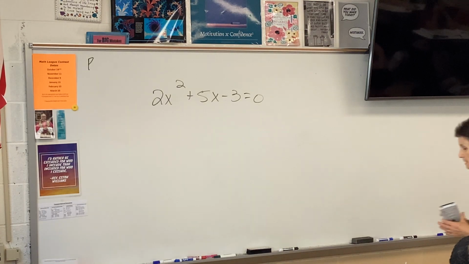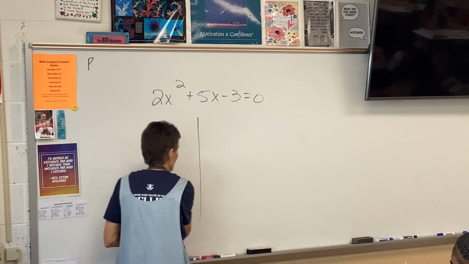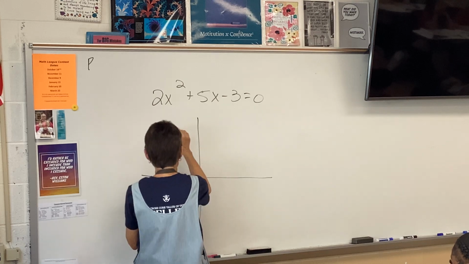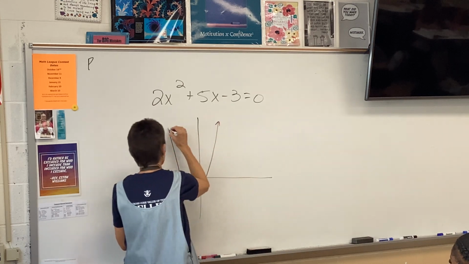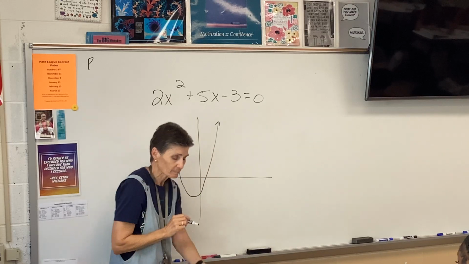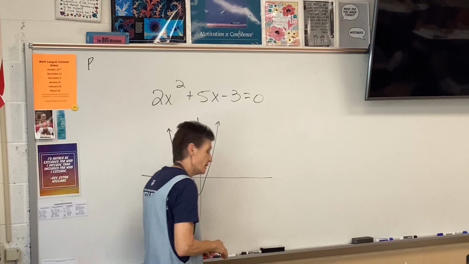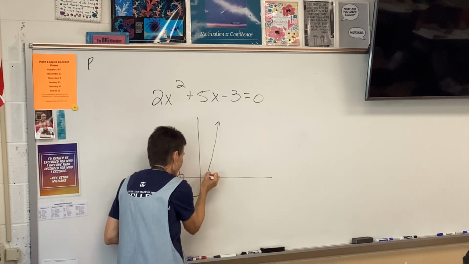Okay. Now remember, our directions weren't just to graph it and look at it, we're to graph it and find the answers to the equation. So it looks kind of like this. The answers to the equation are these points right here.